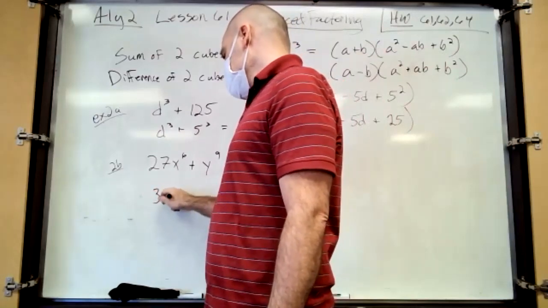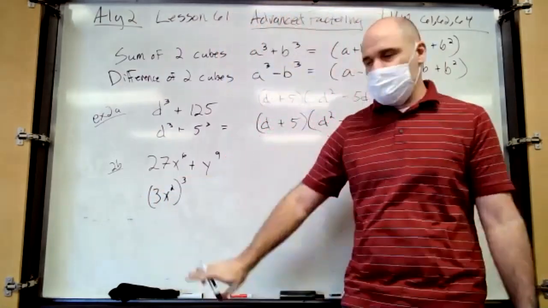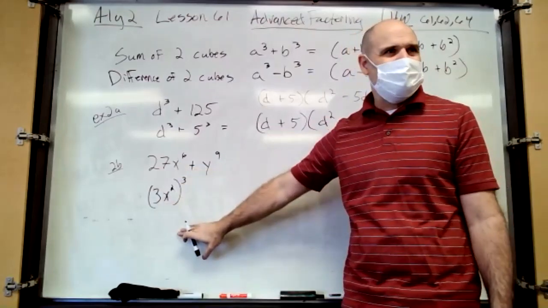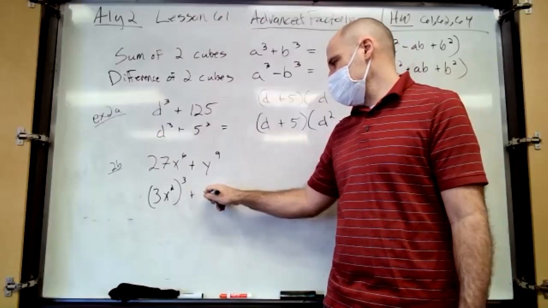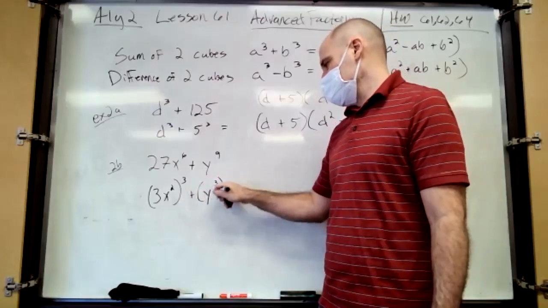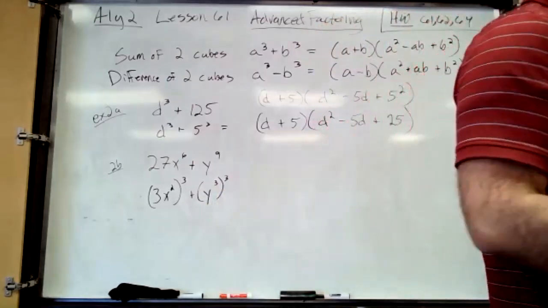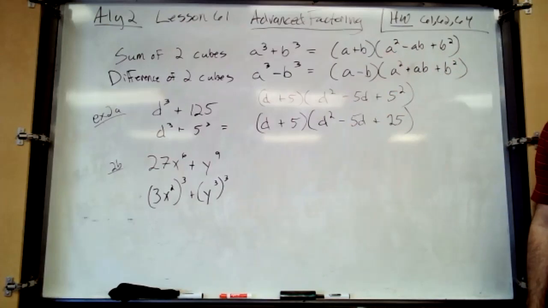If I just did this, then I have something cubed. Okay, see how that equals 27x to the 6th? And then this one is just y to the 3rd cubed. So now I've got my a and b that I can plug in to this little formula there.